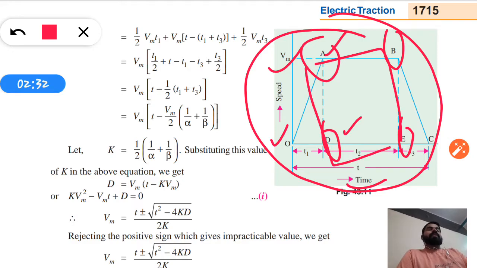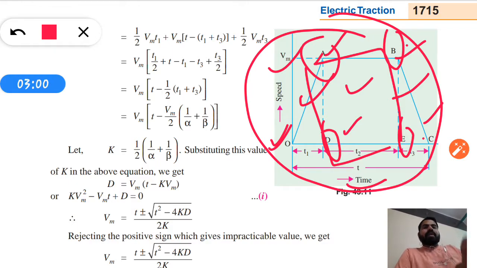Next is B, C and E, which is again a triangular shape. So the area of this triangle, this rectangle and this triangle together make the area of OABC.